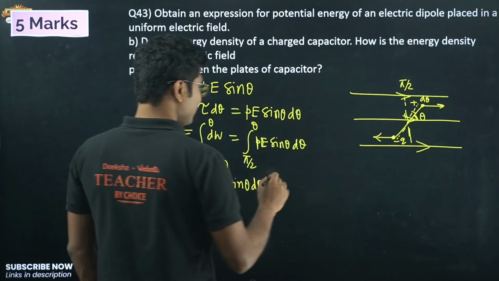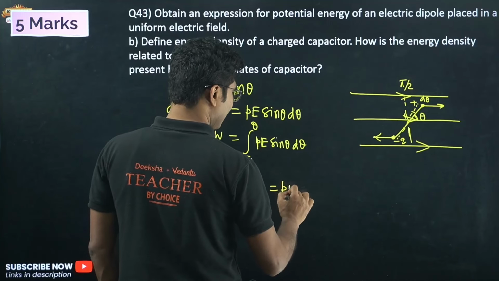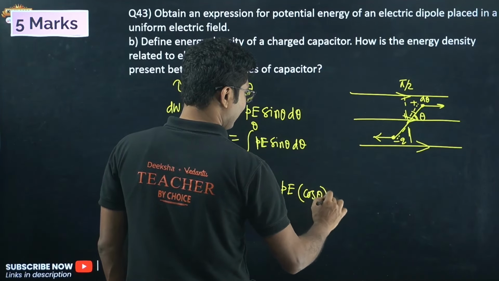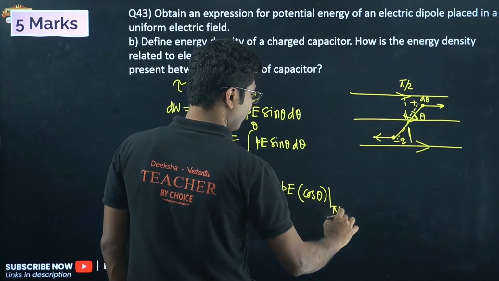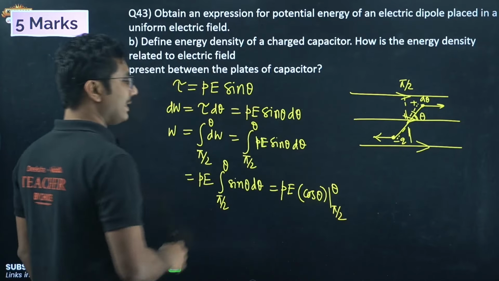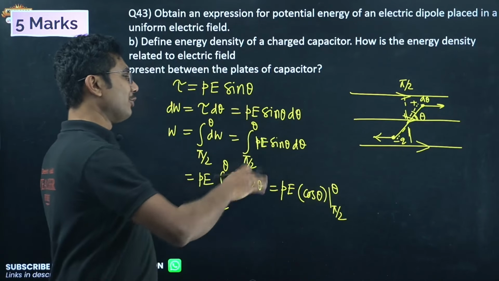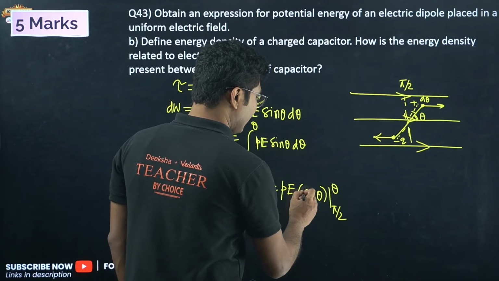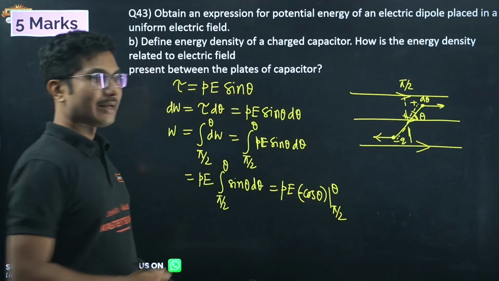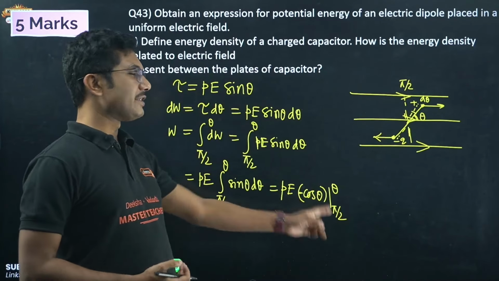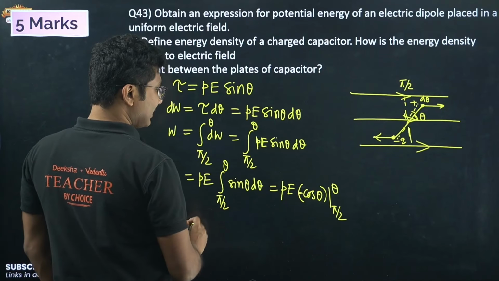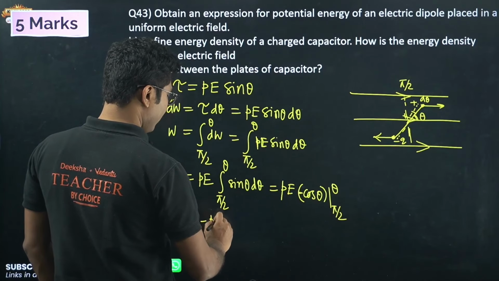So now we have minus PE cos theta with the limit of pi by 2 to theta. The limit is from pi by 2 because we don't want anything extra term added. Starting at pi by 2 means potential energy at pi by 2 becomes 0.